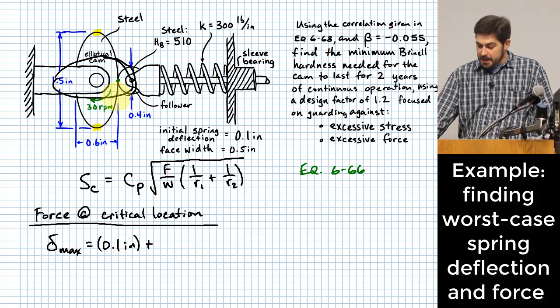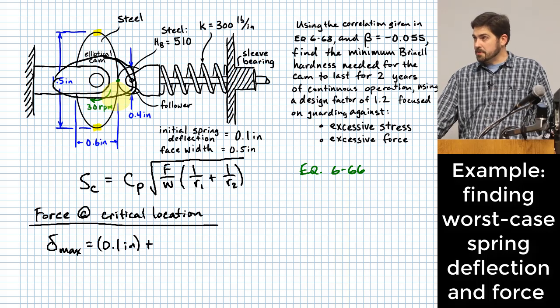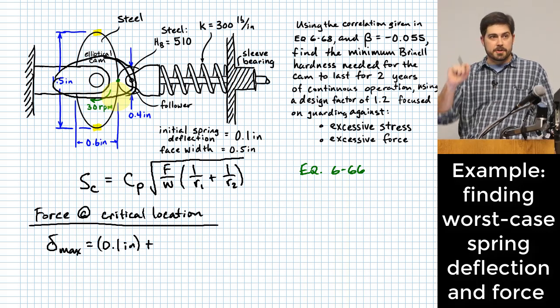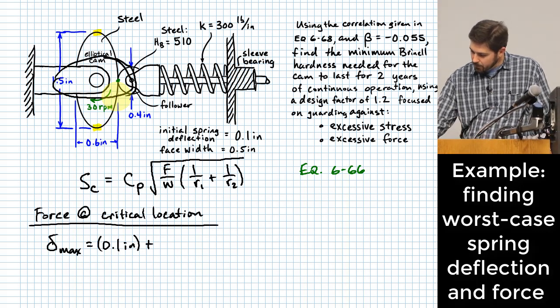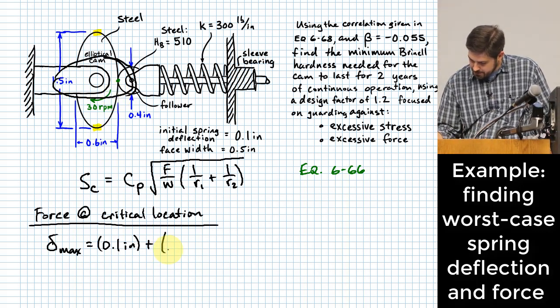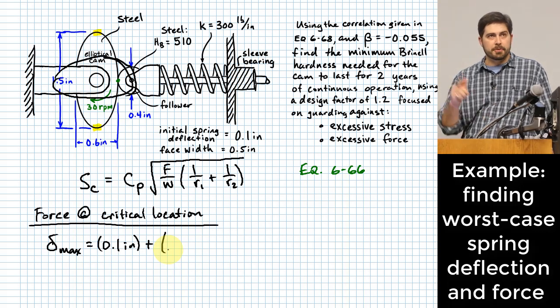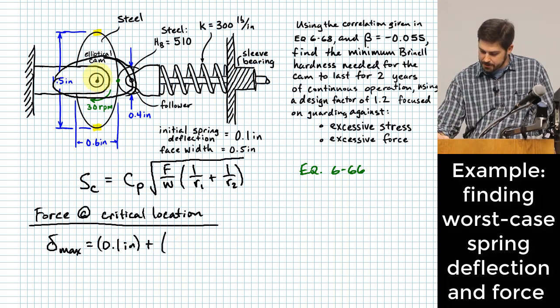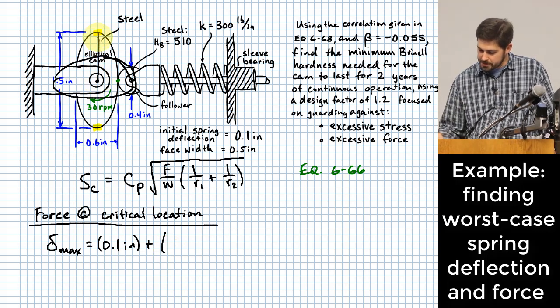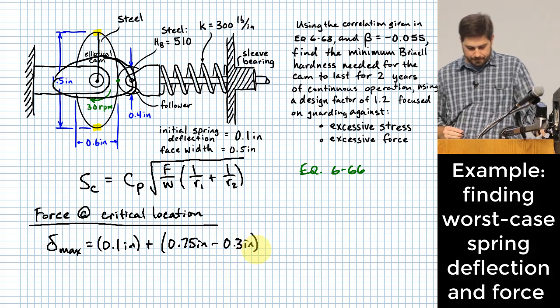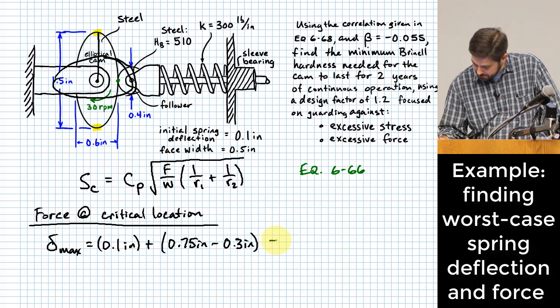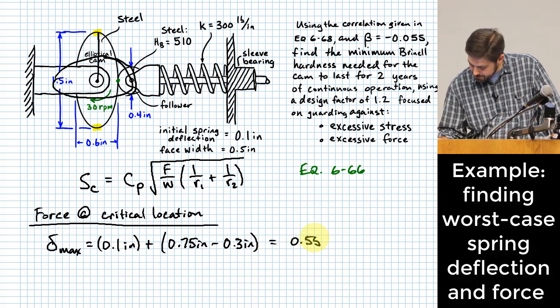And so what I need to do is find the delta of the radius value from where it is now to where it's going to go, right? And so what that's going to be is just how high does it go eventually? What's that radius value from the middle to the outer? 0.75 minus 0.3 inches. Okay, and so this gives me 0.55 inches.